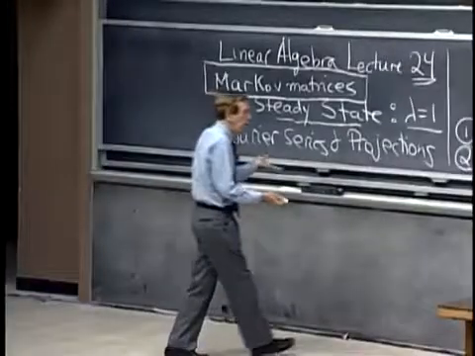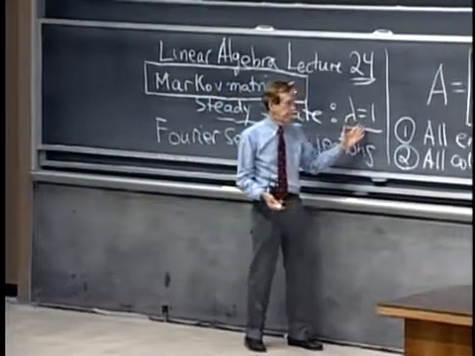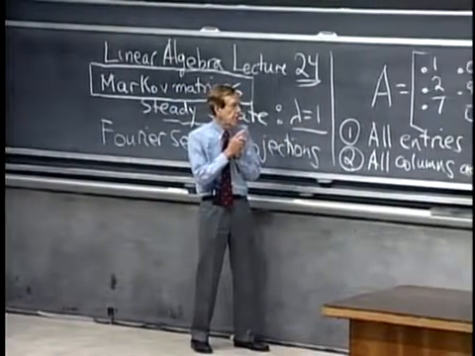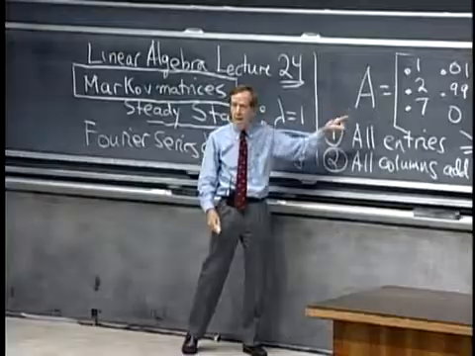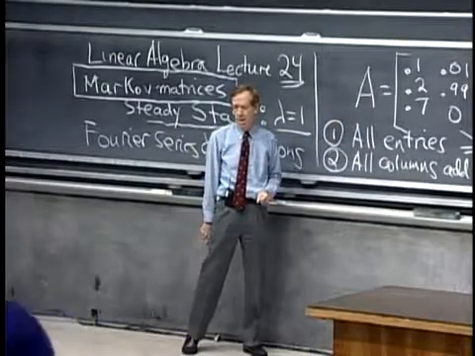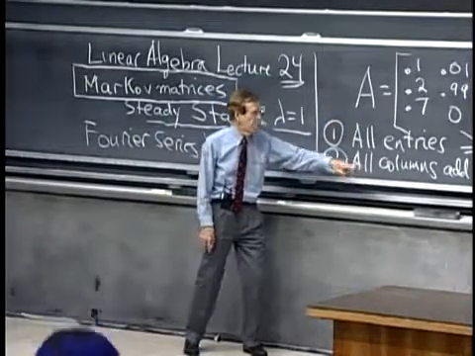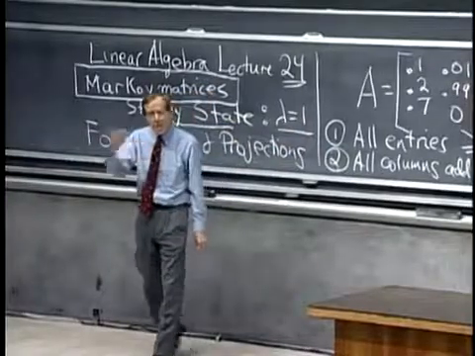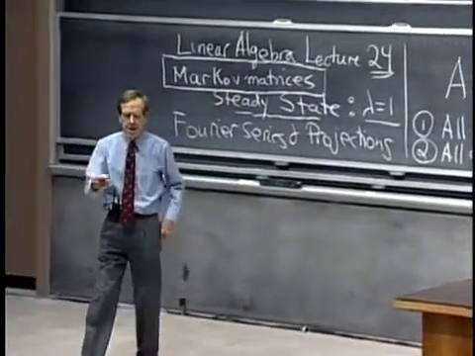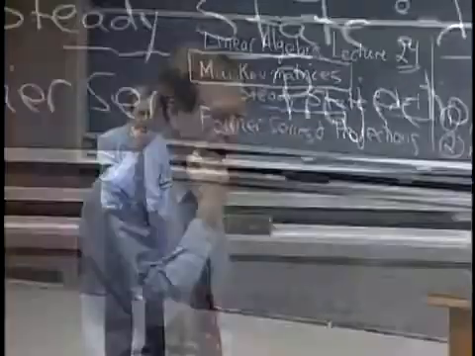Now, for some reason that we have to see, this matrix has an eigenvalue of 1. This property that the columns all add to 1 turns out to guarantee that 1 is an eigenvalue.